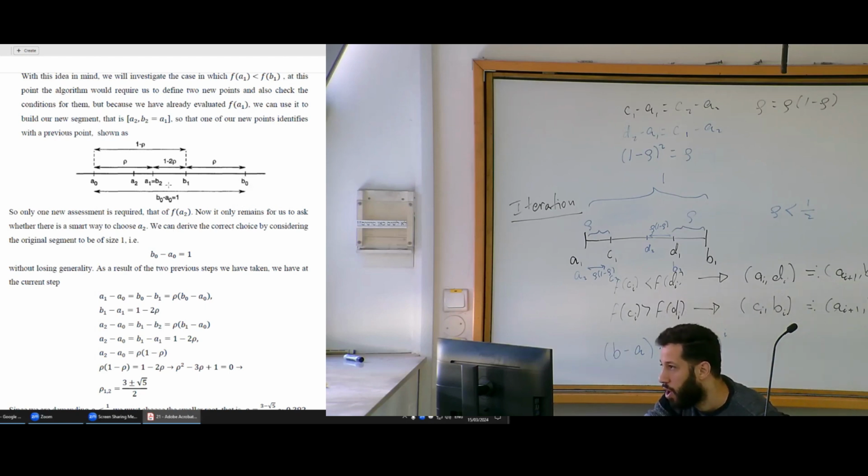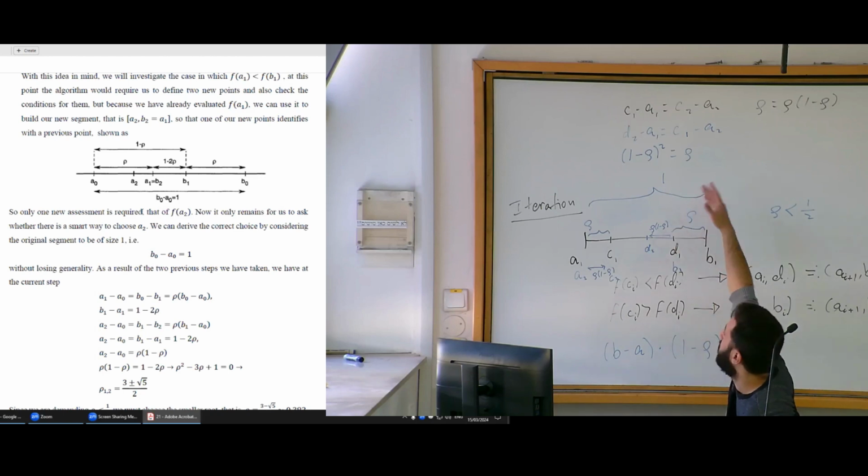If we take all this divided by all this, from A0 to B0 divided by A0 to B1, it's the same as dividing A0 B1 by B1 B0.